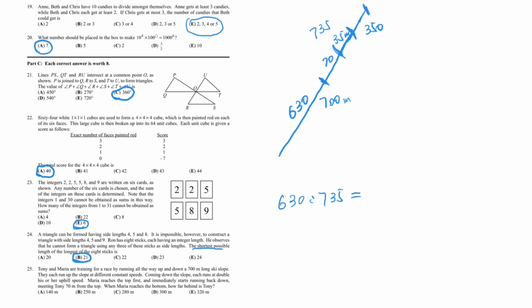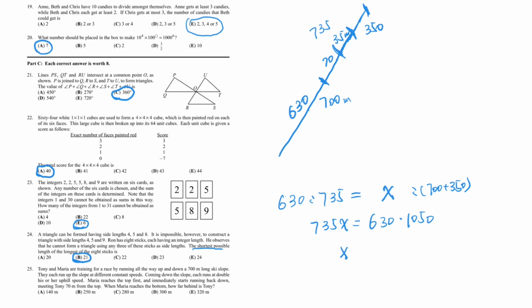So if they go all the way up, Maria will go 700 plus 350, 1050, and Tony, we don't know, use x. Now we solve the ratio equation. 735x equals 630 times 1050.